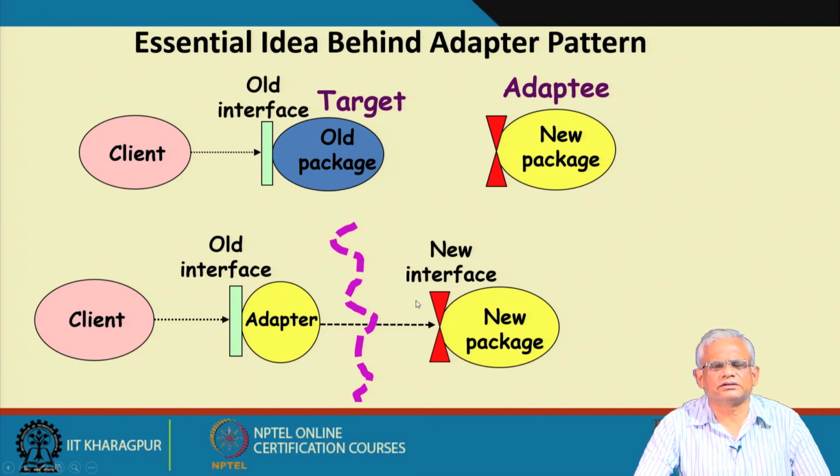So, target is the interface that the client used earlier; the adaptee is the interface of the new package, and the adapter has the interface of the old package, but it makes calls to the adaptee's interface.